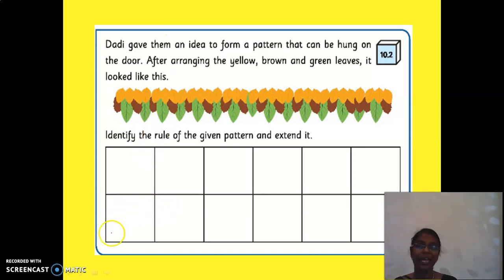Now what you are going to do is identify the rule of the given pattern and extend it. Here you are going to draw as well as color it. So make a note of it. Even the colors have a pattern. Here you are going to draw and extend it more.